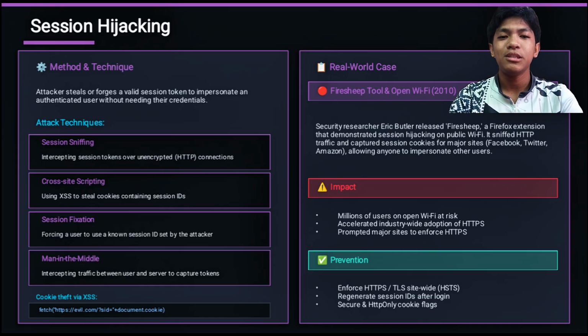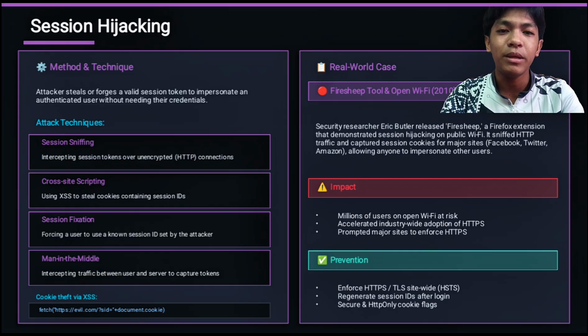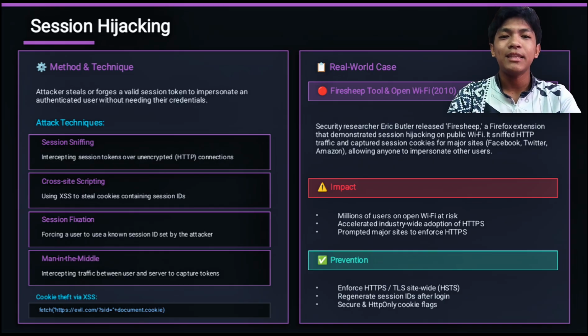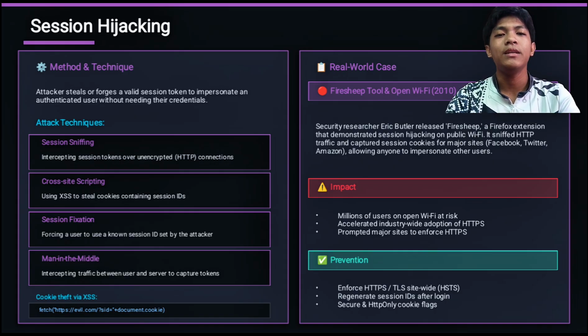The methods vary. Session sniffing on an unencrypted HTTP connection: the attacker enters the network traffic and reads the cookie directly. XSS-assisted theft: you see a script that exfiltrates document.cookie to the attacker's server.